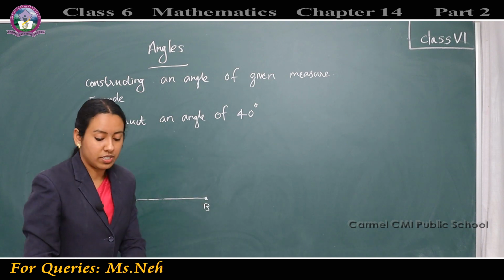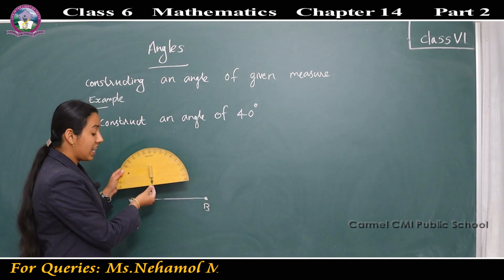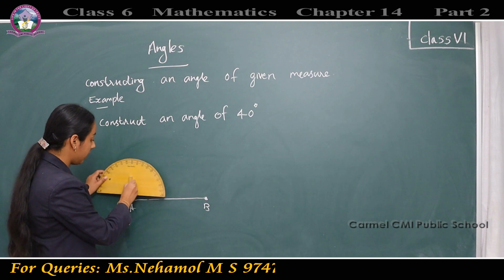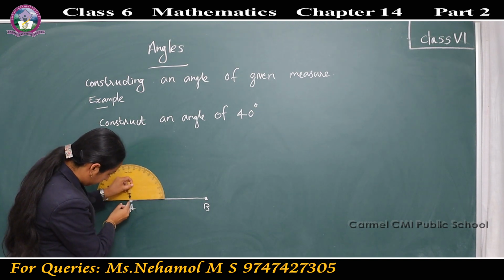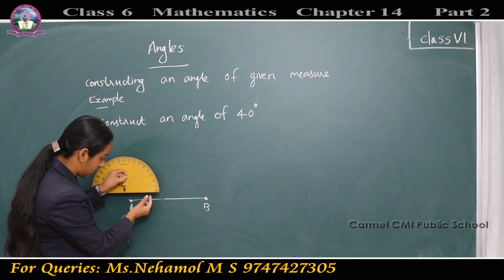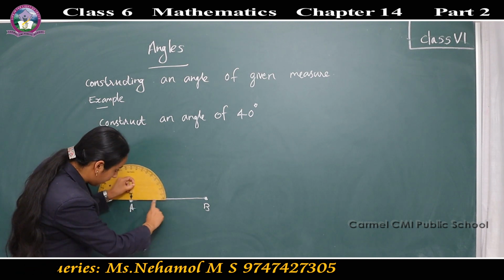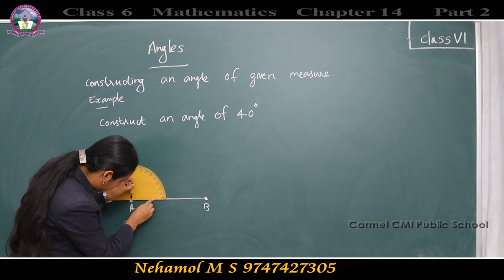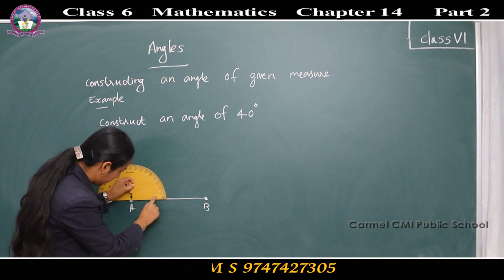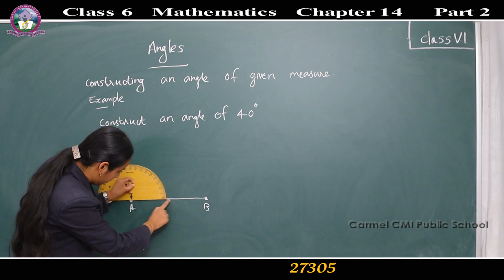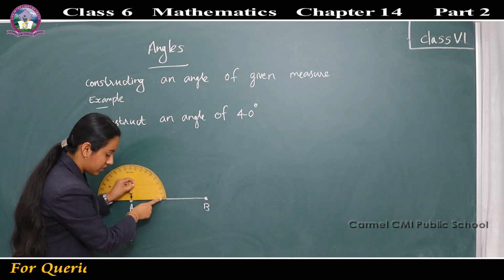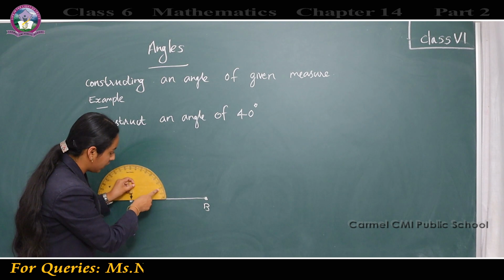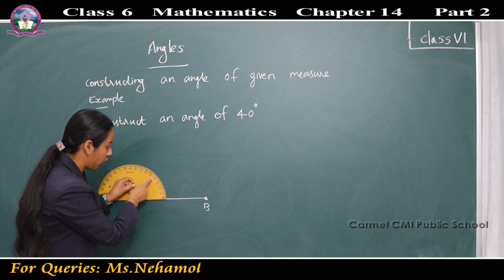Then what is the next step? Place the center of the protractor at point A. Then the baseline of the protractor should coincide with AB, or the zero edge of the protractor should be along AB. Then start with 0, 10, 20, 30, 40.